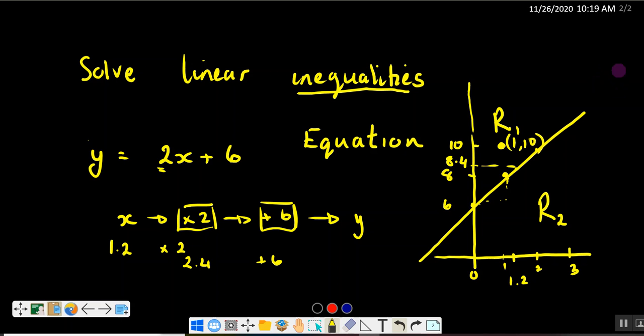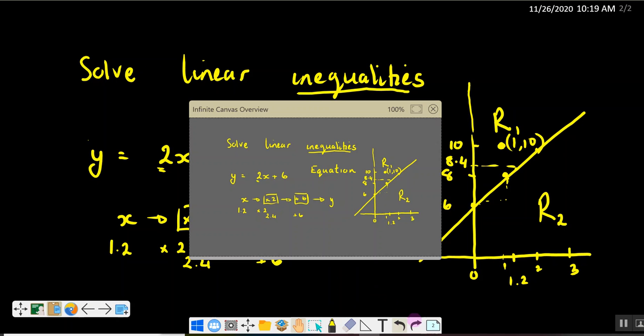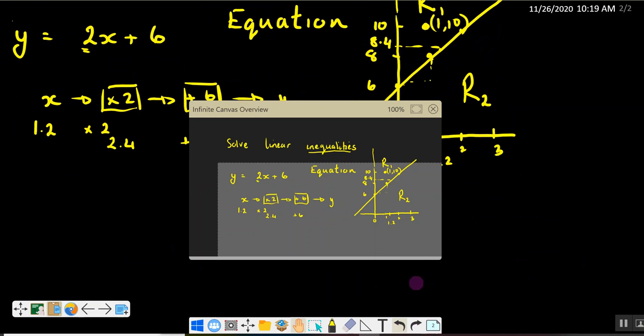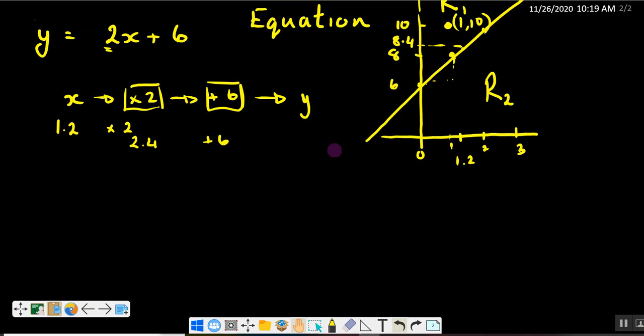What do I know about 1 and 10? Which values are they? 1 is the x and 10 is the y. So let's have a look at that. The line is where the x value doing this equals the y.